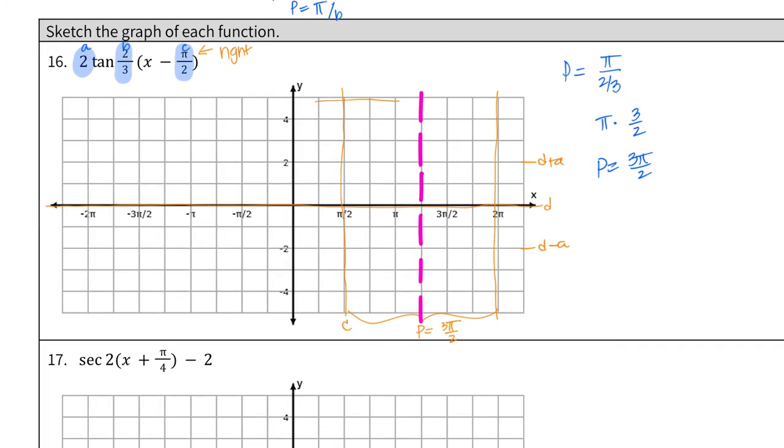So, upper critical point, it's going to be here at D plus A, so somewhere here. But you want to space things evenly. So we're going to put it right here on the edge where C was at, and then go up. So there's our half a parabola. And then on the other side, we need to do D minus A, our low critical point, and point downward.